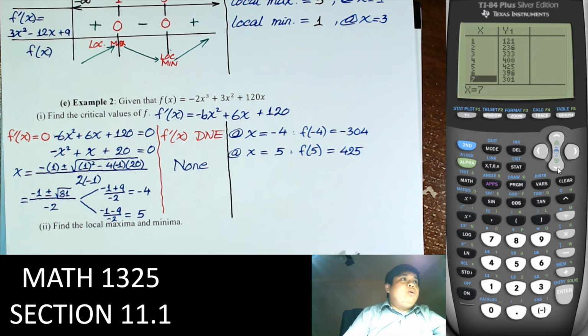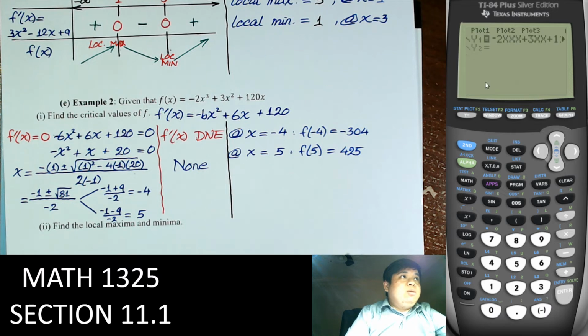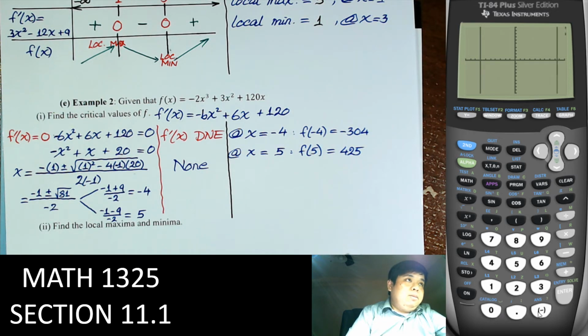Of course, we can also enter the function negative 2x cubed plus 3x squared plus 120x, and then hit second values, and we enter -4. And then 5. Right, we have that.